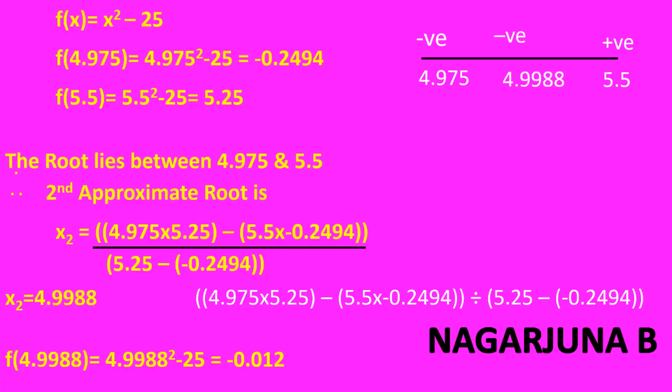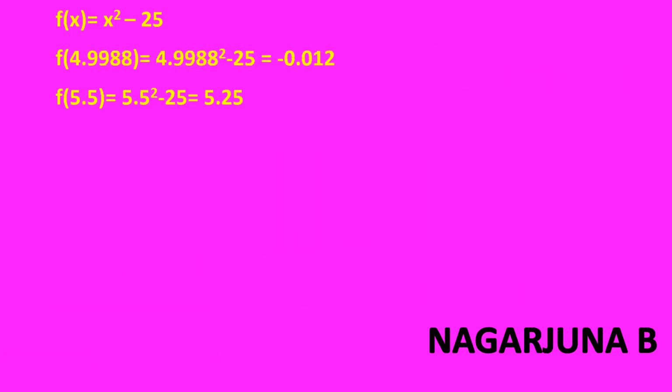For this one you have got a negative value, therefore the root lies between 4.9988 and 5.5, because for 4.9988 we have got f of 4.9988 as a negative, and for 5.5, that is f of 5.5, we have got a positive value. Therefore the root lies between 4.9988 and 5.5.